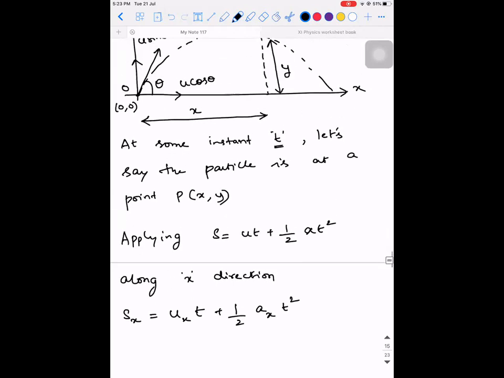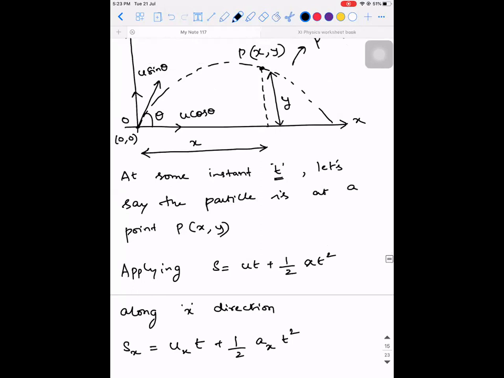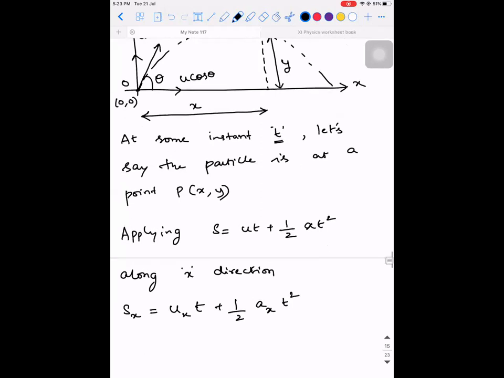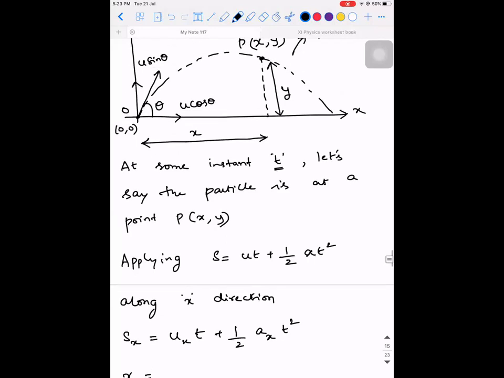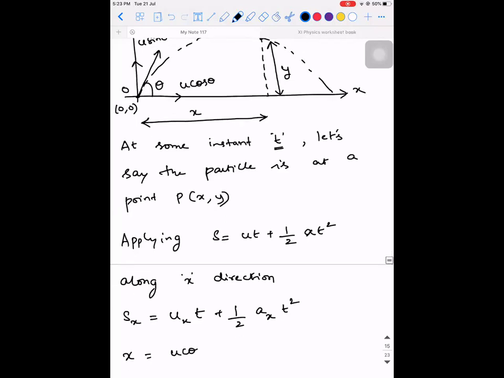What is the displacement of the particle along the x direction? It is x. What is the initial velocity of the particle along the x direction? It is u cos theta, into the time it takes, t, plus half into what is the acceleration of the particle along the x direction? We discussed it yesterday. Just check your notes, you'll get the answer.